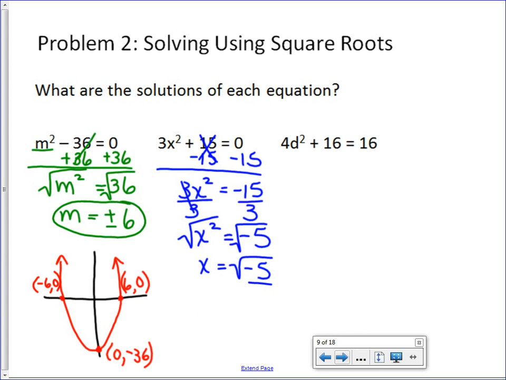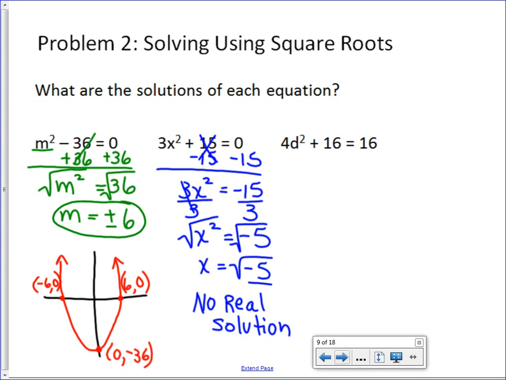There is no solution. And I should say no real number solution to this equation. All right. So when you get a negative number under a square root, that will be your answer. No real solution. All right.